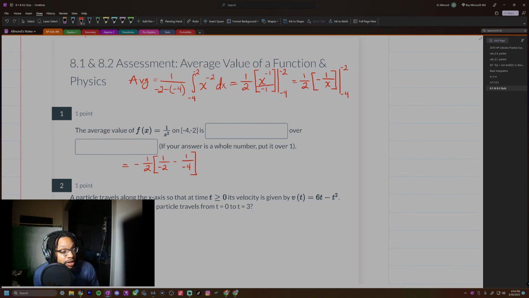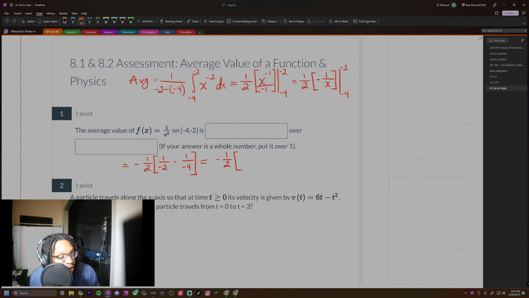I'm just going to make common denominators. So I got my -1/2 out front. Let's see. If I double the numerator and denominator in my first fraction, I would get what? I'll just write it like this: 2 over -4, and then minus 1 over -4. So now I have common denominators.